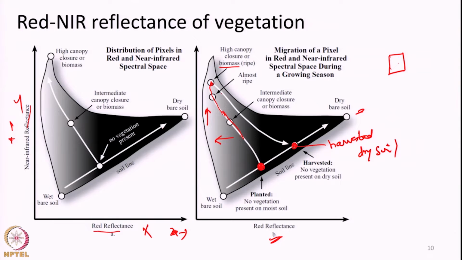So, this is how a particular pixel where vegetation grows will typically behave. So, what is the take home message from this particular slide? Vegetation has a characteristic reflectance, and if we combine the red portion and NIR portion, we will be able to study the growth of vegetation. As vegetation grows, reflectance in the red portion will go down and down because of high absorption of red wavelength by chlorophyll.